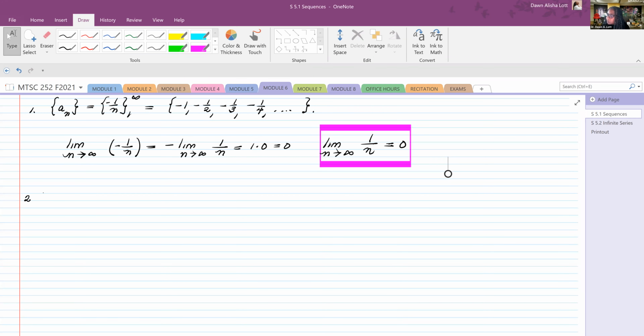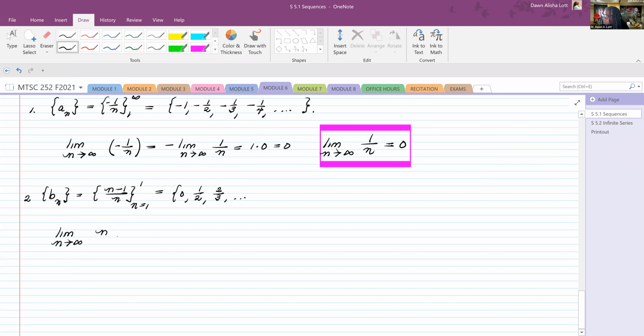Okay. And the next one, b sub n equal to n minus 1 over n, n from 1 to infinity. We already know what that looked like. That was 0, 1 half, 2/3. We just did it, I'm not writing it out again. So that is the limit as n approaches infinity of n minus 1 over n. Now, if you don't remember how to do these limits, this one I can just break up very easily.